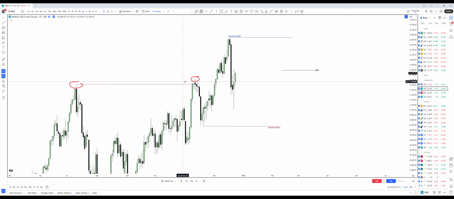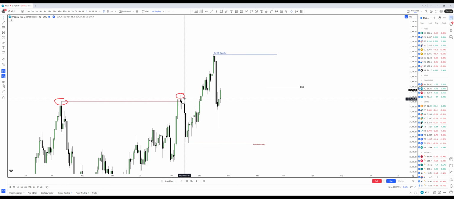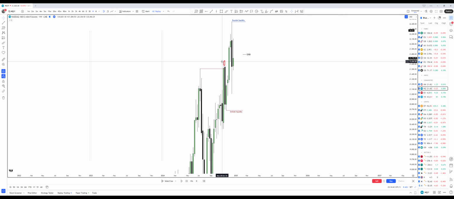But for me, this right here is against the trend. So this is an engineered liquidity, or basically internal to external on the higher time frame right here. So just tapping into the order block, bullish CISD order block, retracement lower to go higher.